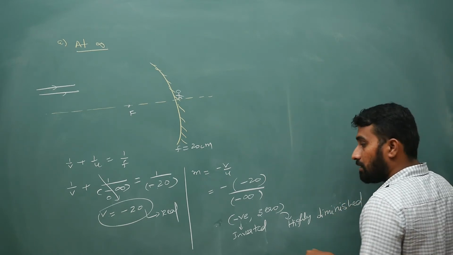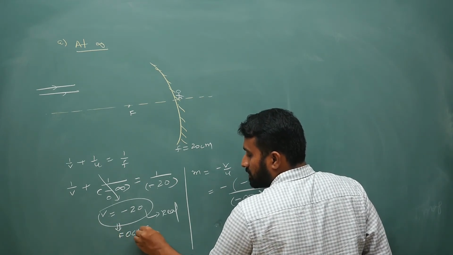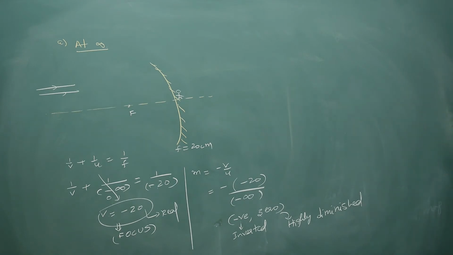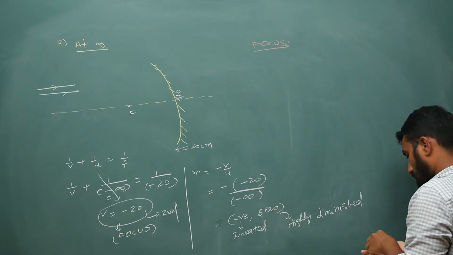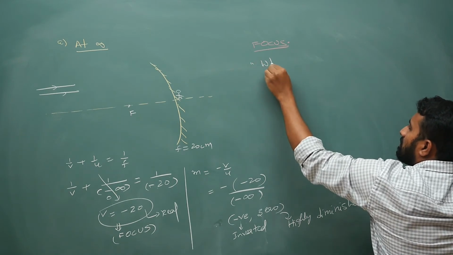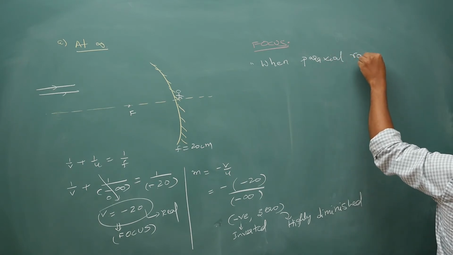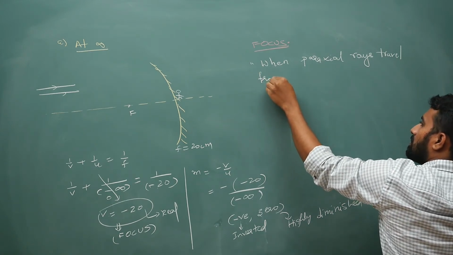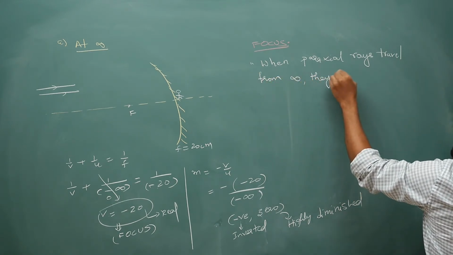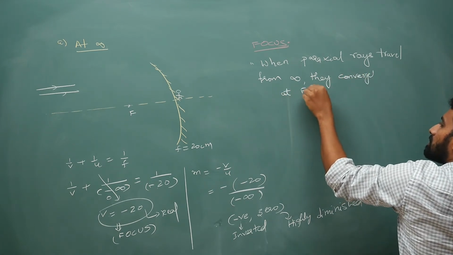So in the table you have to fill that your image is at focus. V is minus 20 indicates that the image is formed at the focus. In fact, your focus definition, I don't know if you have remembered previously: when paraxial rays travel from infinity, they converge at focus.